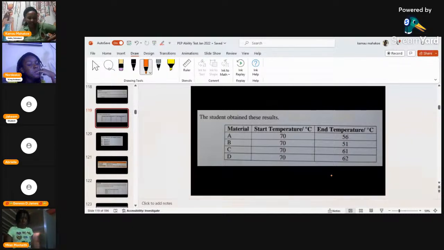Remember, it started at 70 degrees. All of them started at 70, and after 10 minutes, the heat in D is now 62. So I'm asking how many degrees Celsius of heat has been lost?